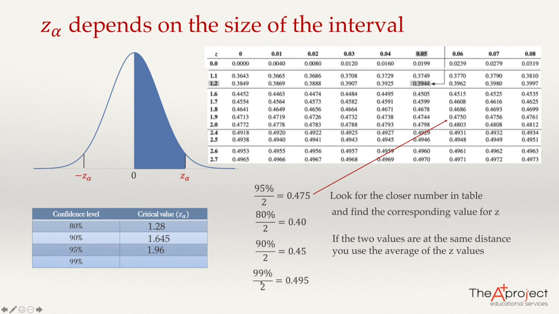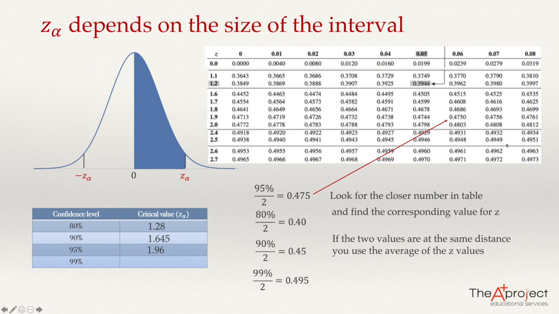The same happens here in the 99% confidence interval. If you divide 99% by 2, it will be 0.495. If we look for this 0.495 in the table, we find 0.4948, 0.4949, and 0.4951.